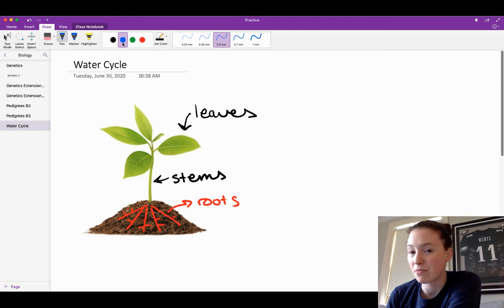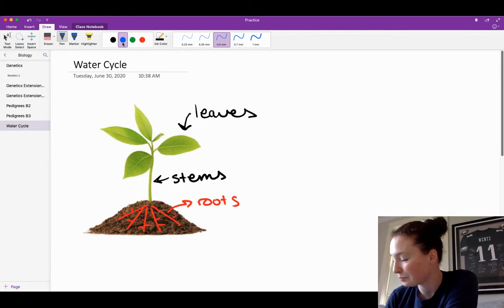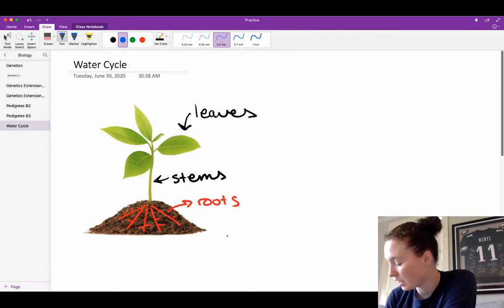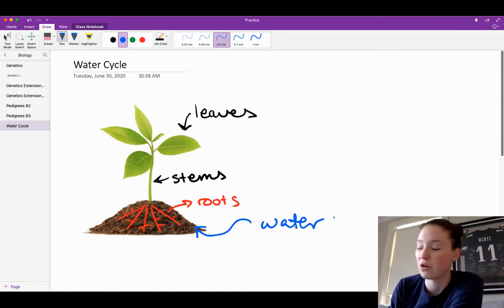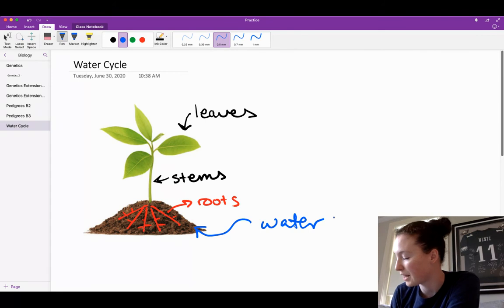And this is the moment where it interacts with plants. Water will come through the ground somehow. Now that might be, it comes down via rain. It might be coming up from an aquifer below in the soil somehow. It might be next to a stream, something like that.